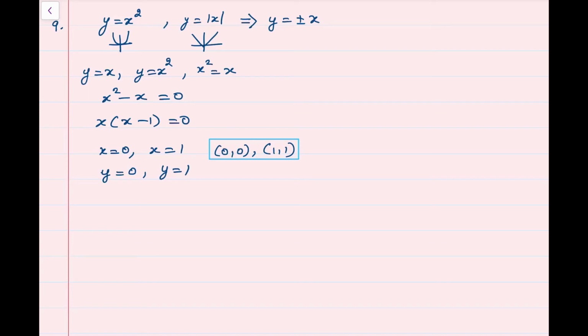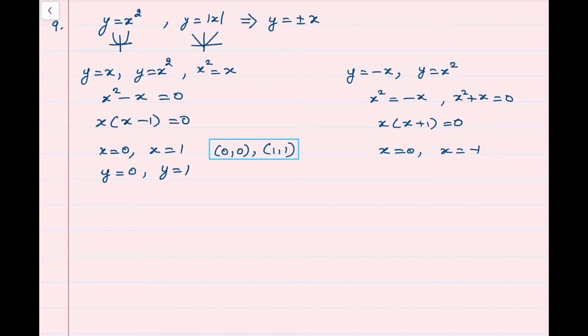Similarly, we will solve y is equal to minus x and y is equal to x square. So, x square is equal to minus x and we get x square plus x is equal to 0. X is common. We get two answers for x. X is equal to 0 is one solution and x is equal to minus 1. Let us calculate the corresponding values of y.